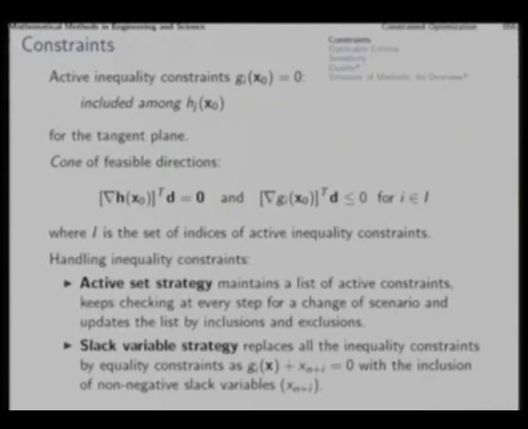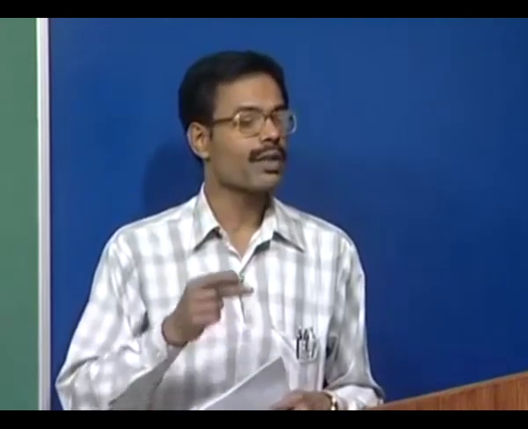So, now when we have to algorithmically handle the constraints, inequality constraints which are active and which are inactive, there are two strategies to handle inequality constraints.